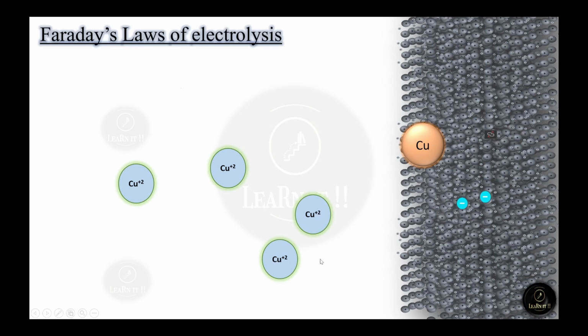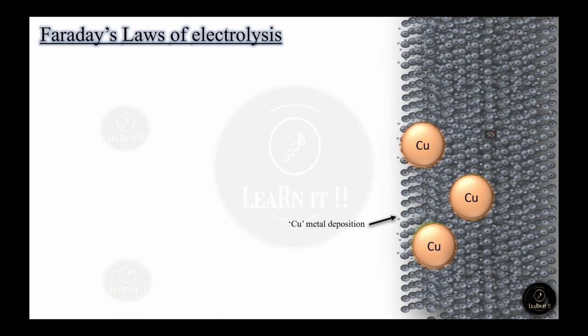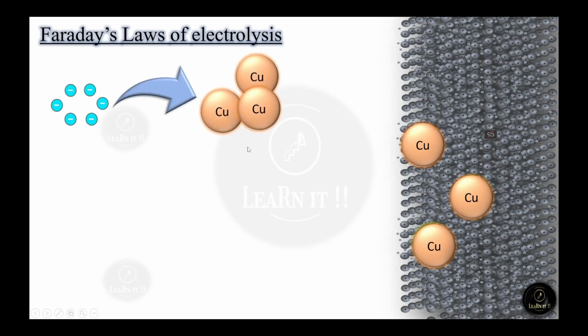If we provide another 2 electrons, another Cu+2 converts into Cu. If we provide another 2 electrons, then another Cu atom gets deposited. So here we have provided 6 electrons, but only 3 Cu atoms get deposited.